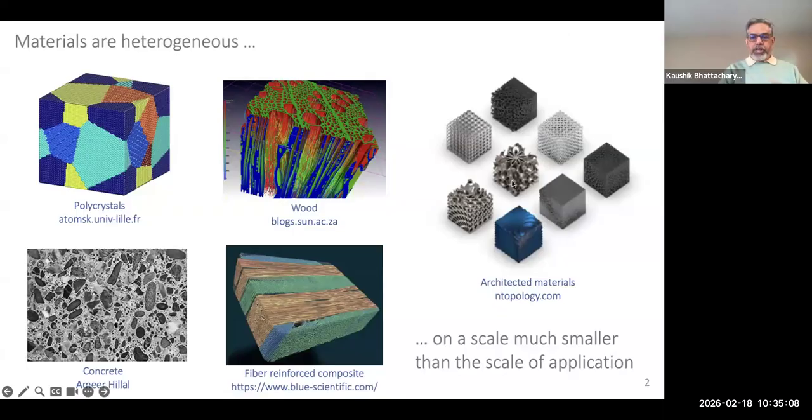But what is really interesting about all of this is that the features that you see are on a scale much smaller than the scale of the application, right?